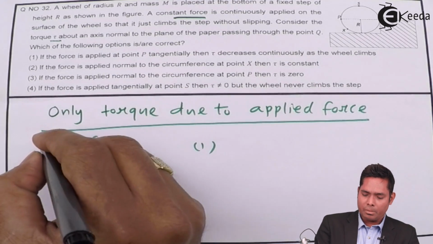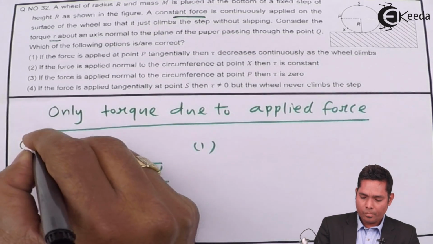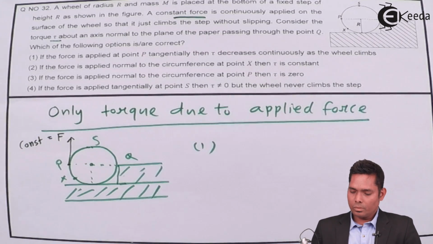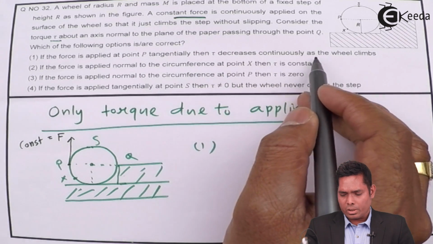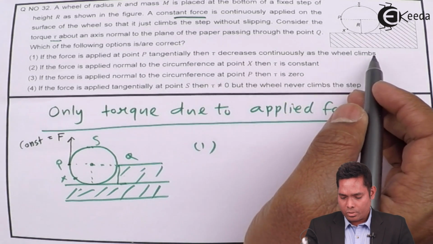This force is constant in magnitude. The option says the torque decreases continuously as the wheel climbs.